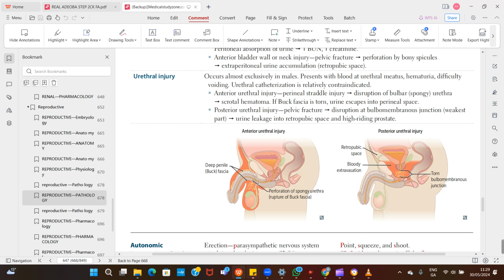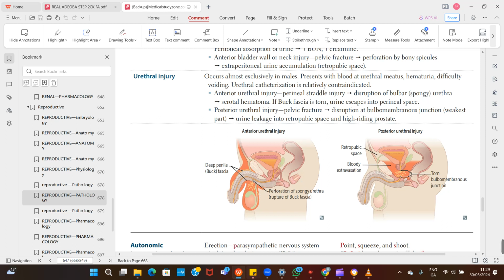So the penile urethra can be torn, and you can have bleeding into the scrotum, causing scrotal hematoma. Sometimes you can have rupture of Buck's fascia, and there's leakage of urine into the perineal space. But you are not going to find the high riding prostate.